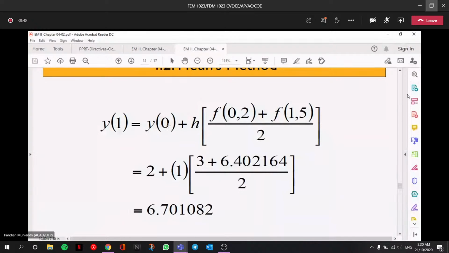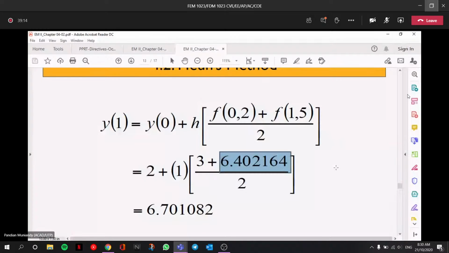Y1 equals y0. Y0 is 2. h is 1. f(0,2) is 3, plus f(1,5), 6.402164. We take 4 decimal numbers only. If you want to increase, can, but not necessary. Minimum 4, and maximum we make it 6 decimal points.